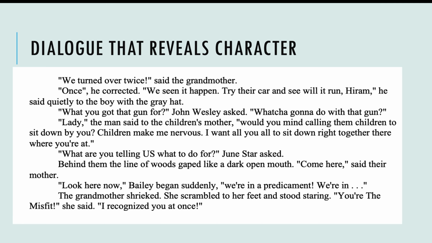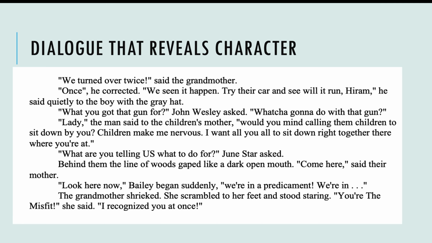I want all y'all to sit down right together there where you're at." "What are you telling us what to do for?" June Star asked. Behind them, the line of woods gaped like a dark open mouth. "Come here," said their mother. "Look here now," Bailey began suddenly. "We're in a predicament. We're in—" The grandmother shrieked. She scrambled to her feet and stood staring. "You're the misfit," she said. "I recognized you at once."